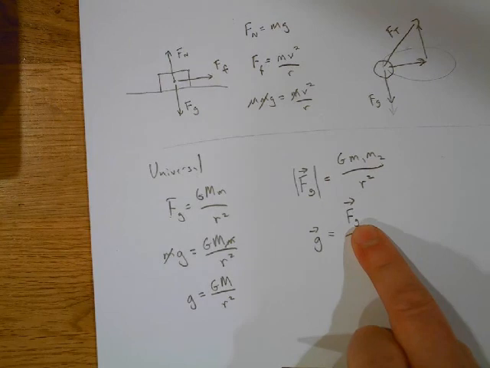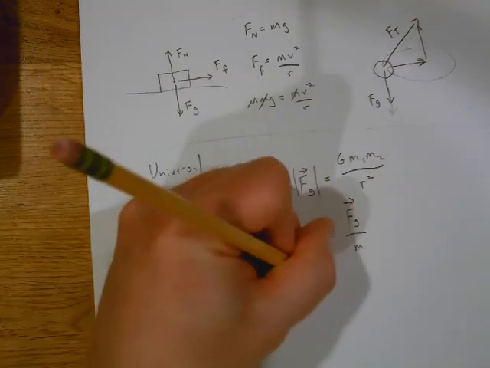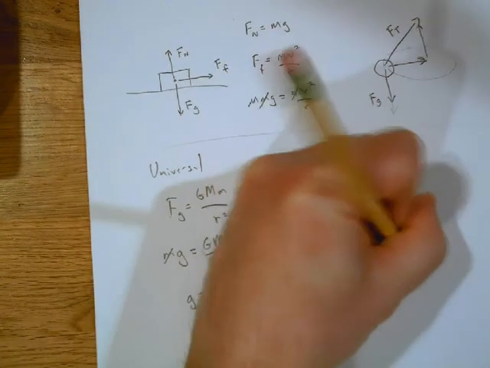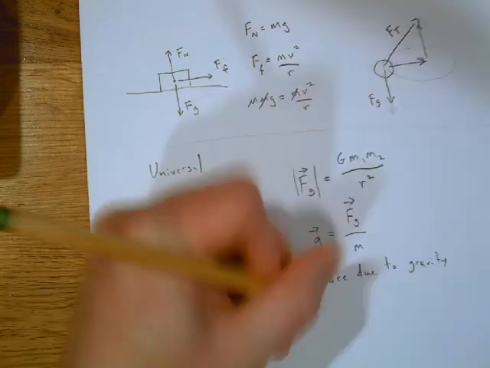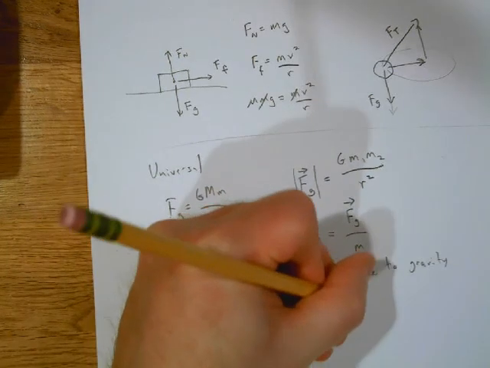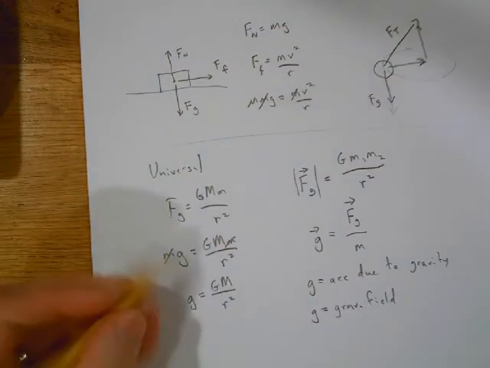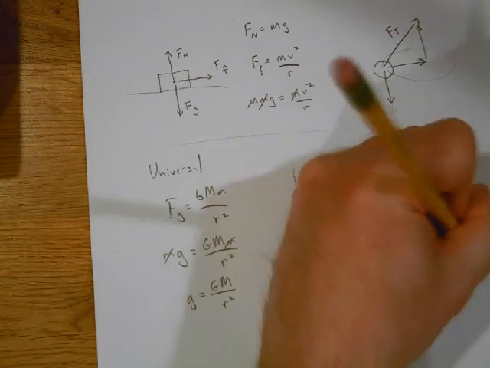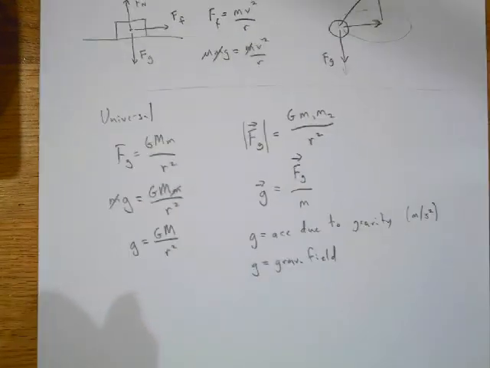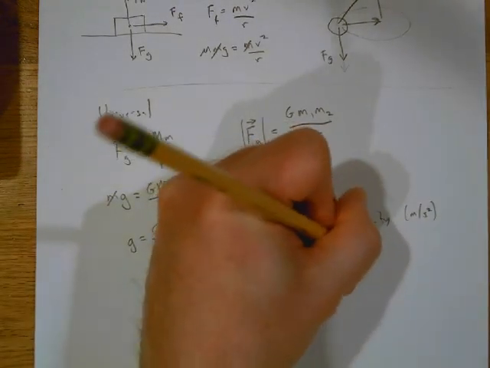The direction of the acceleration due to gravity depends on the direction of the force of gravity. Duh. But remember, sometimes you'll see g referred to as the acceleration due to gravity. Sometimes you're going to see it as the gravitational field. A lot of times with this one, you would write it in terms of meters per second squared.